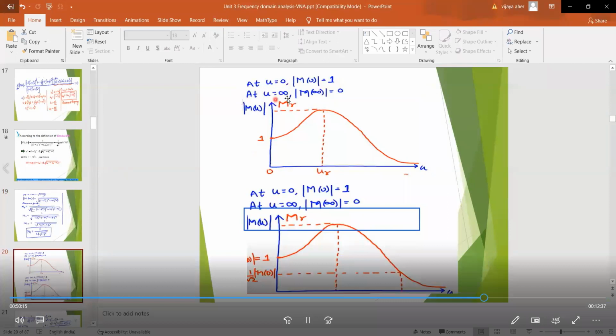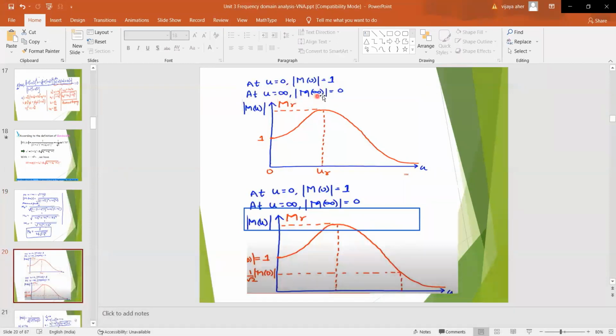At u equal to infinity, magnitude of M(u) is equal to 0. With this equation, I am plotting the frequency response. On the x-axis I have taken u, the normalized frequency, and on the y-axis I have taken M(u), the magnitude. At u equal to 0, the magnitude is equal to 1. This is the point.